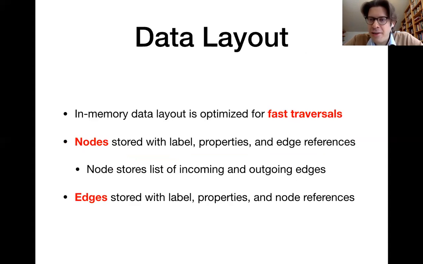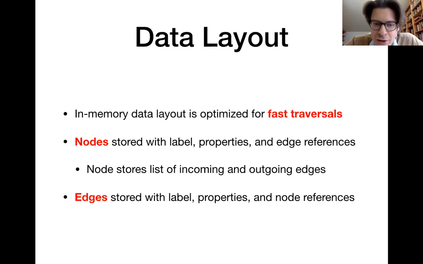Now, the Neo4j system uses a specialized data layout, which makes it particularly efficient to traverse graphs. So to be precise, it has one data layout that is used for storing data on hard disk and one that is used to store data in main memory. And here I'm describing the in-memory layout where we are storing for each node the labels and properties and also a list of the outgoing edges.